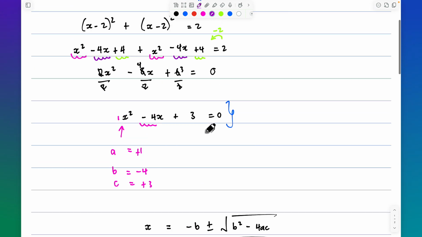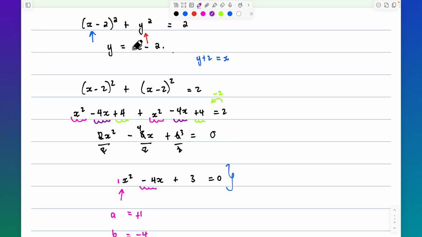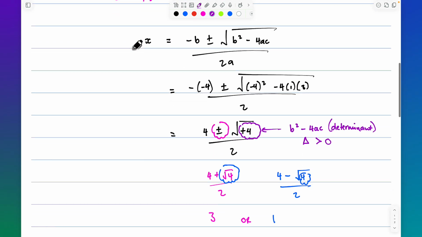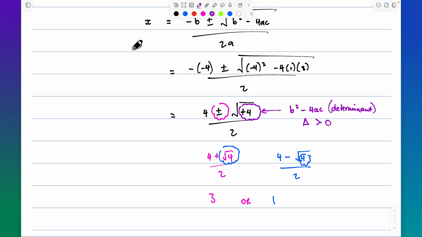Your 3 and your 1, and then we can plug into this to get the y terms for those x values. But the whole point of this video is just to emphasize, in order for you to get two distinct solutions, you need your discriminant, that b squared minus 4ac, this expression that falls into your square root, to be positive, so that when you add and subtract, it gives you two distinct answers, which are 2 points of intersection.